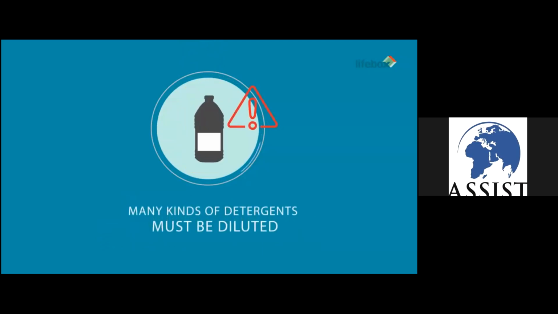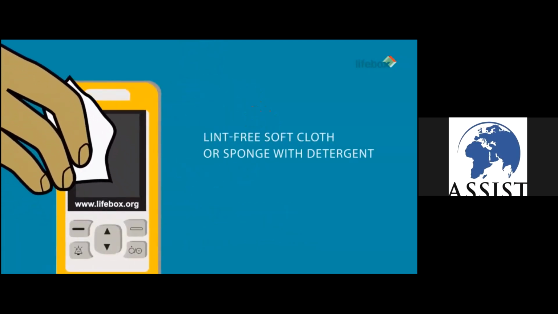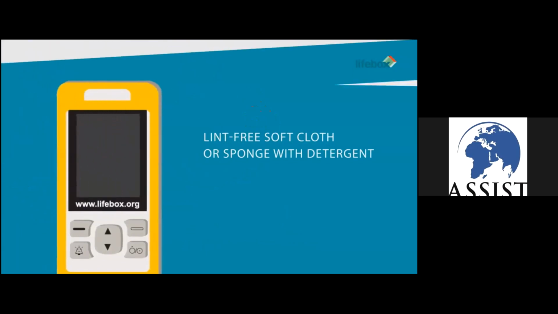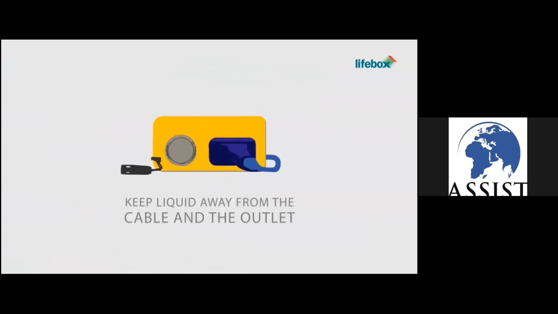Be aware that many kinds of detergents must be diluted prior to use. The oximeter case and screen can be wiped with a lint-free soft cloth or a sponge moistened in detergent. While cleaning the oximeter, be careful not to spill liquid onto the instrument and do not allow any liquid to spill inside the oximeter. When wiping the side panel of the oximeter, be especially careful to keep liquid away from the cable and the outlet.